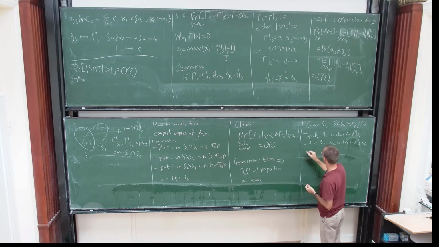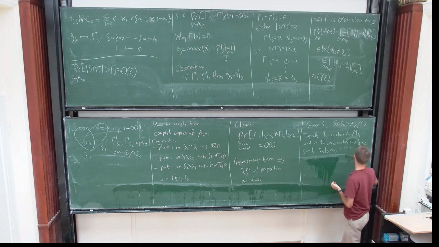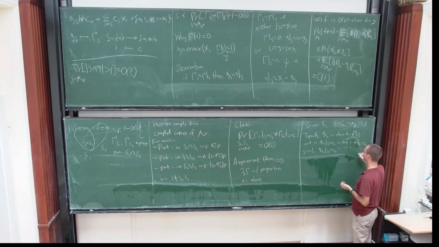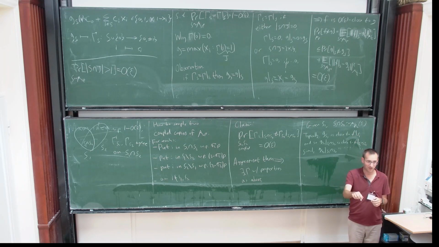And similarly, GS2 restricted to S1 restricted to S2 is close to the same thing. The idea is if you look at F and you first restrict to S1 and then to S1 intersect S2, it's the same as if you first restrict to S2 and then to the intersection of S1 and S2.